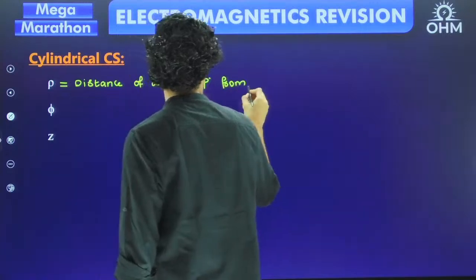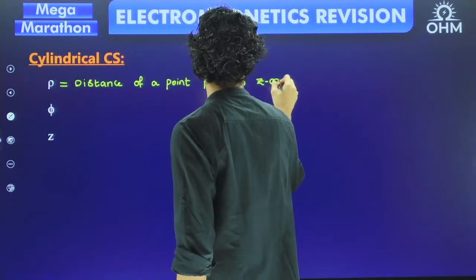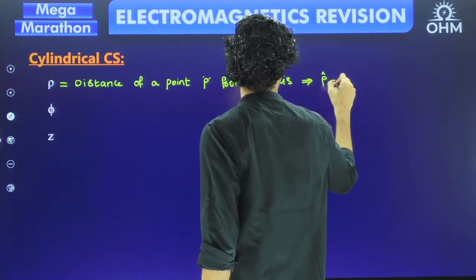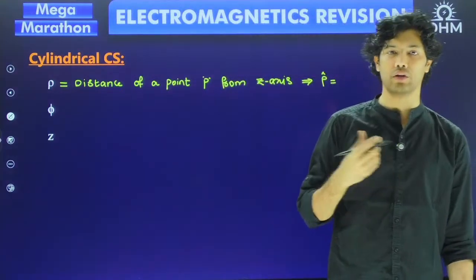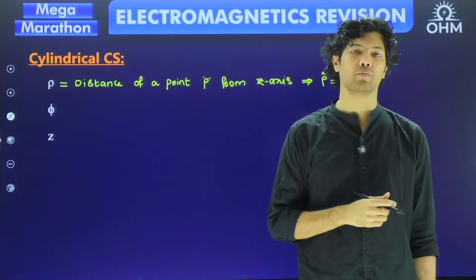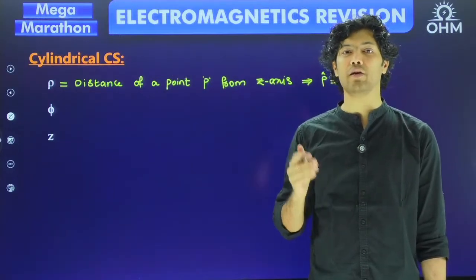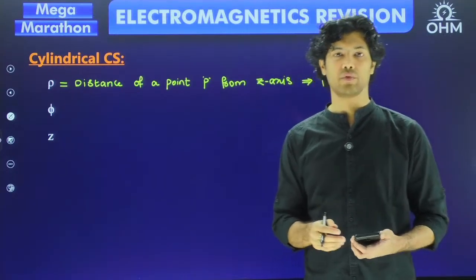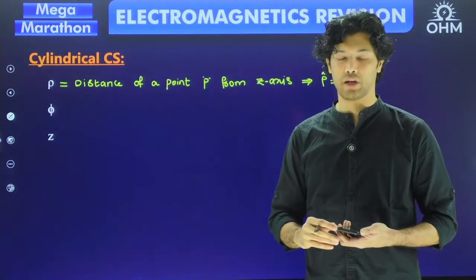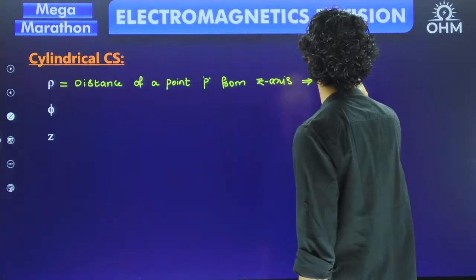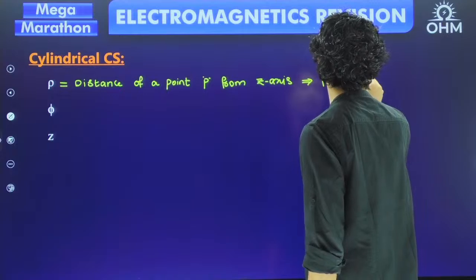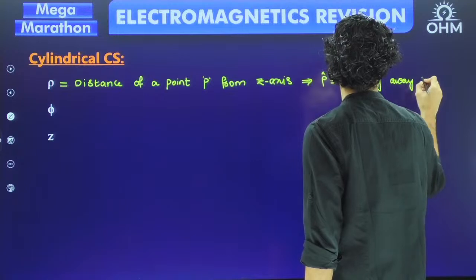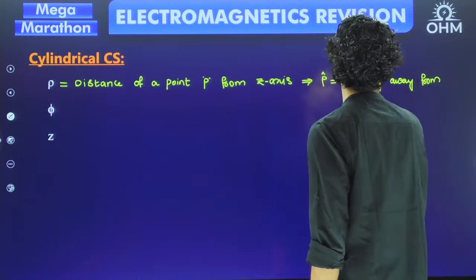Whenever I say rho cap direction, rho cap is the unit vector in the direction of increasing rho, so rho cap direction is radially away from the z axis. There are two radial directions in our course: one is the rho cap direction, the other is the r cap direction. In this context, rho cap corresponds to radially away from the z axis.